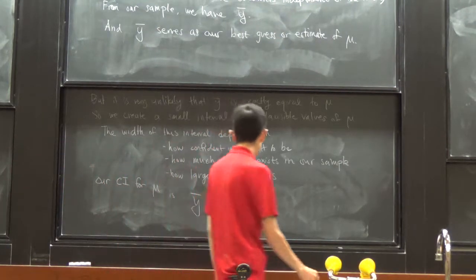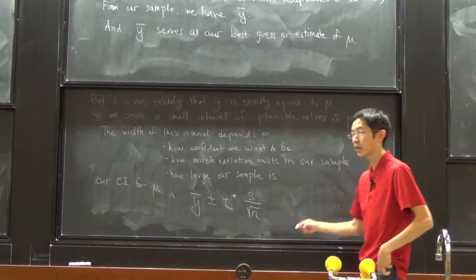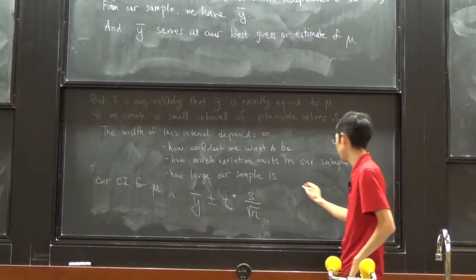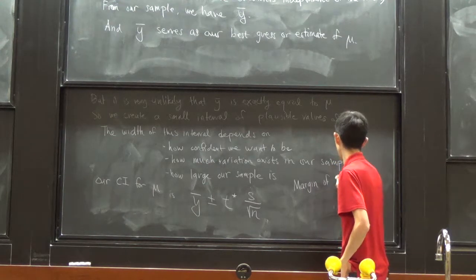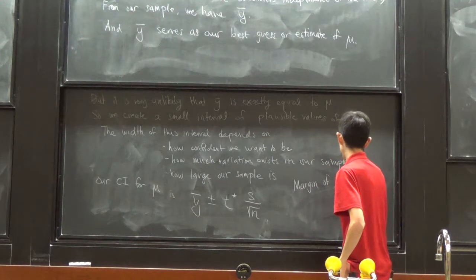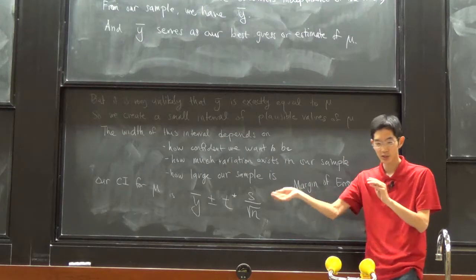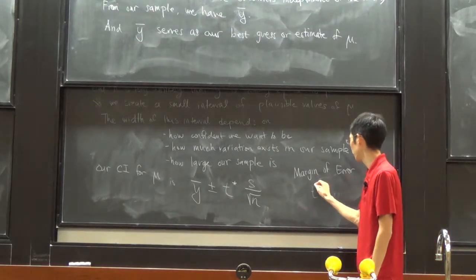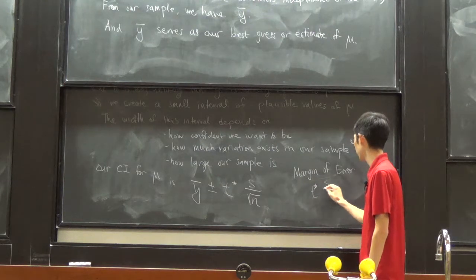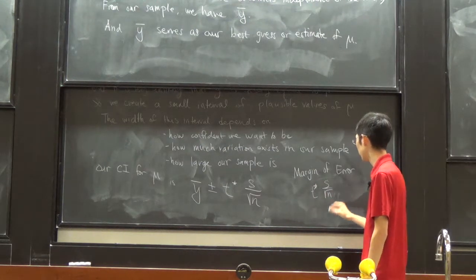The margin of error is everything that comes after the plus or minus. So this is essentially the plus or minus part. So the margin of error would be t star times s over the square root of n.